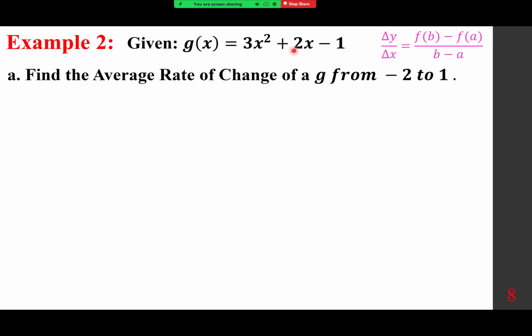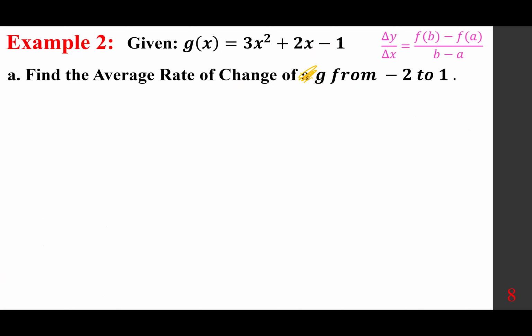Given g of x equals 3x squared plus 2x minus 1, we want to find the average rate of change of the g function from -2 to 1. All right.